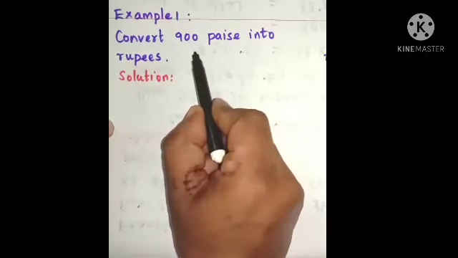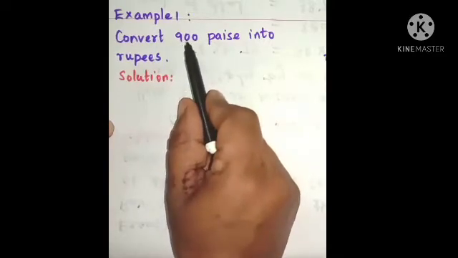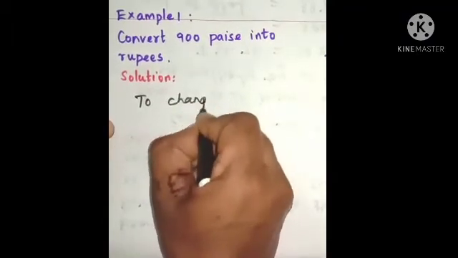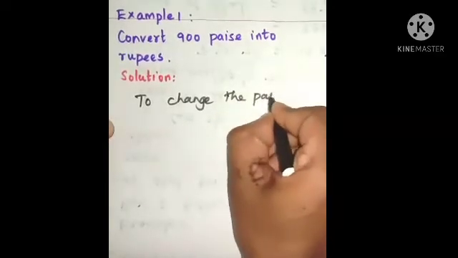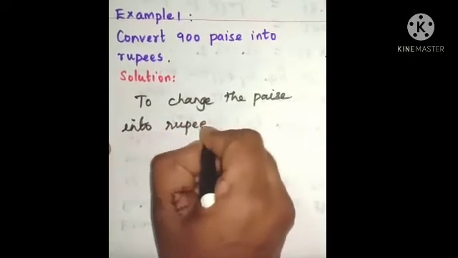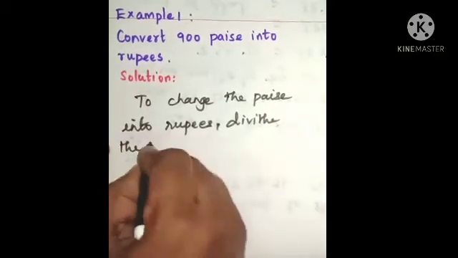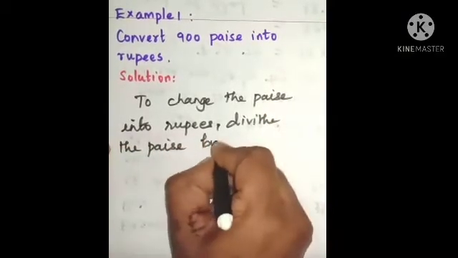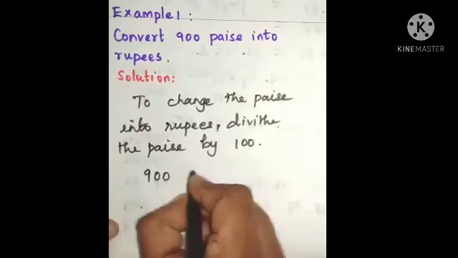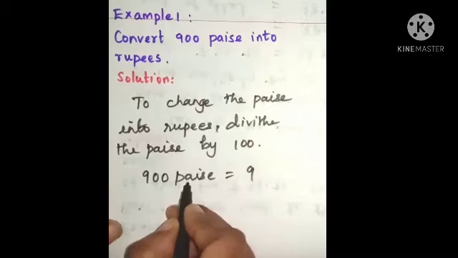So what we have to do? Yes, we have to divide the pies value by 100. Write down: to change the pies into rupees, divide the pies value by 100. Thus we get 900 pies is equal to, now it is in the pies form.